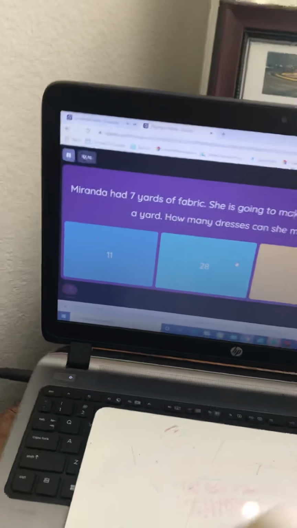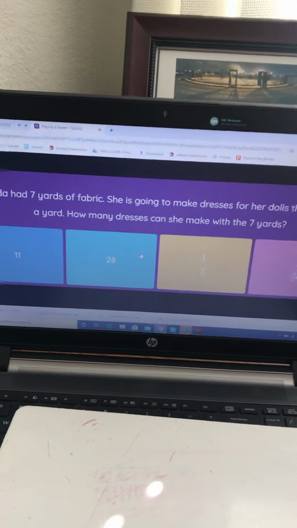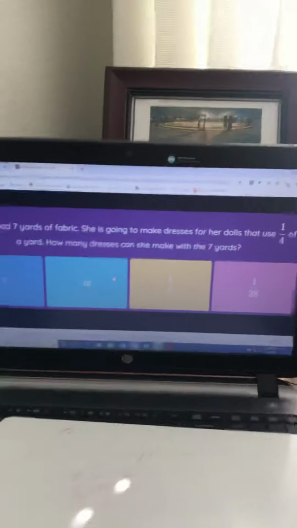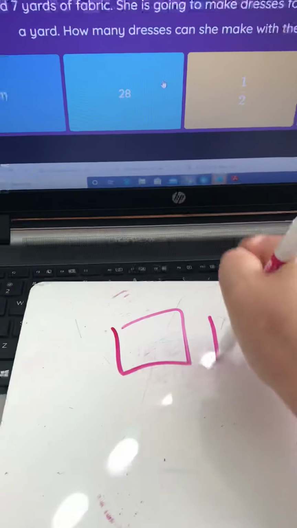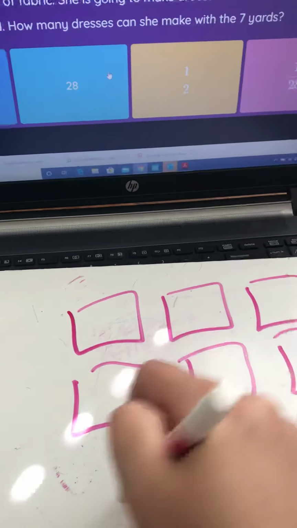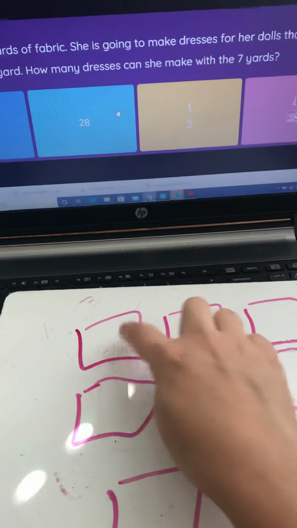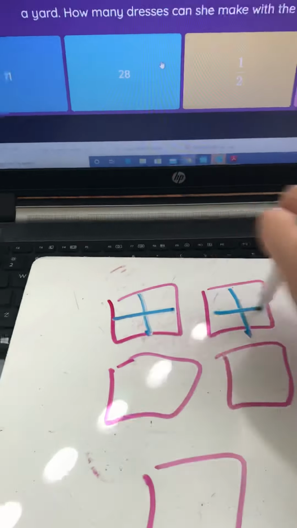And our final question. Miranda has 7 yards of fabric. She is going to make dresses for her dolls that use 1/4 of a yard. How many dresses can she make with the 7 yards? So I'm going to draw 7 rectangles as my 7 yards of fabric. So each yard can be divided into fourths for the dresses.